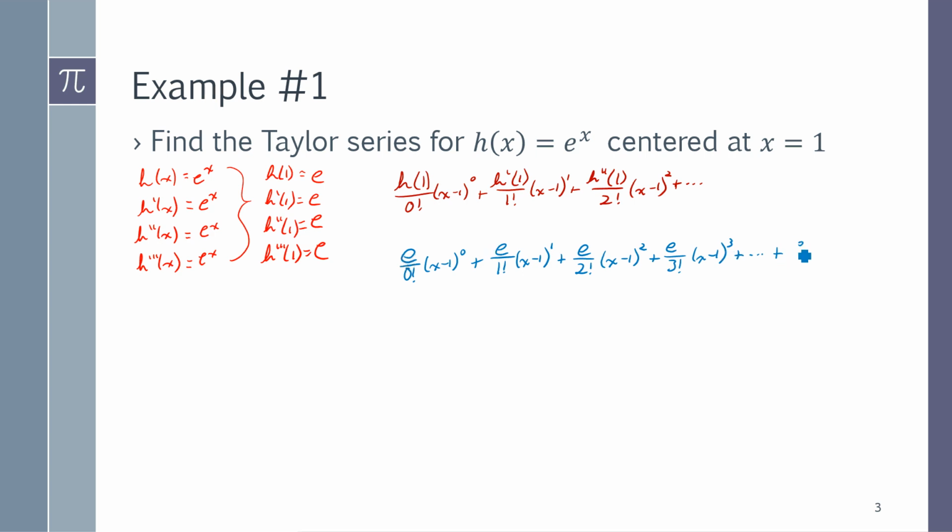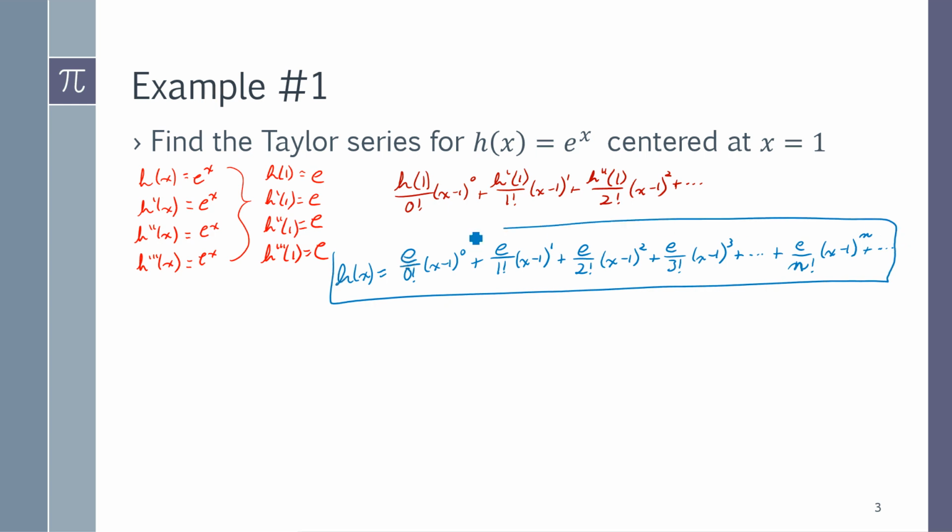I'm going to have an e over n factorial times x minus 1 to the n. And then that continues on. And here is an infinite Taylor series that should converge to e to the x when I am centered at x equals 1.